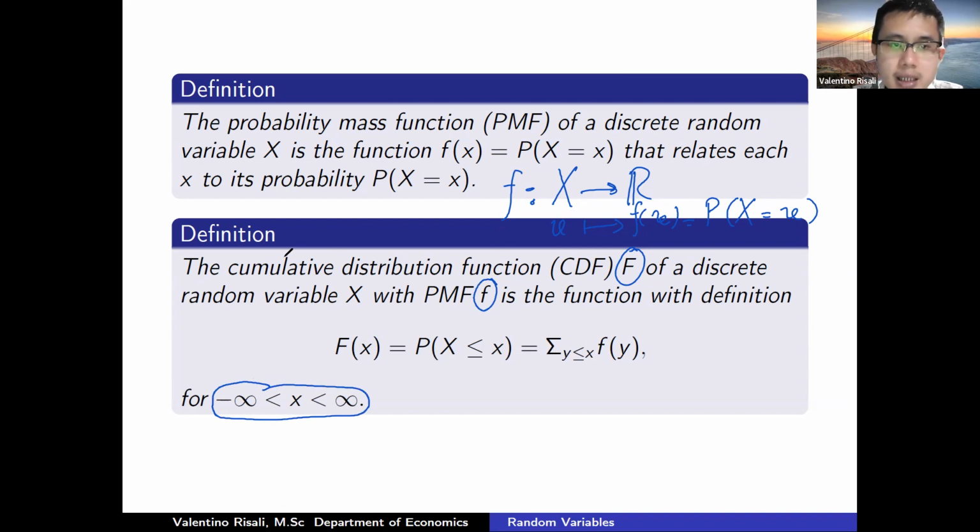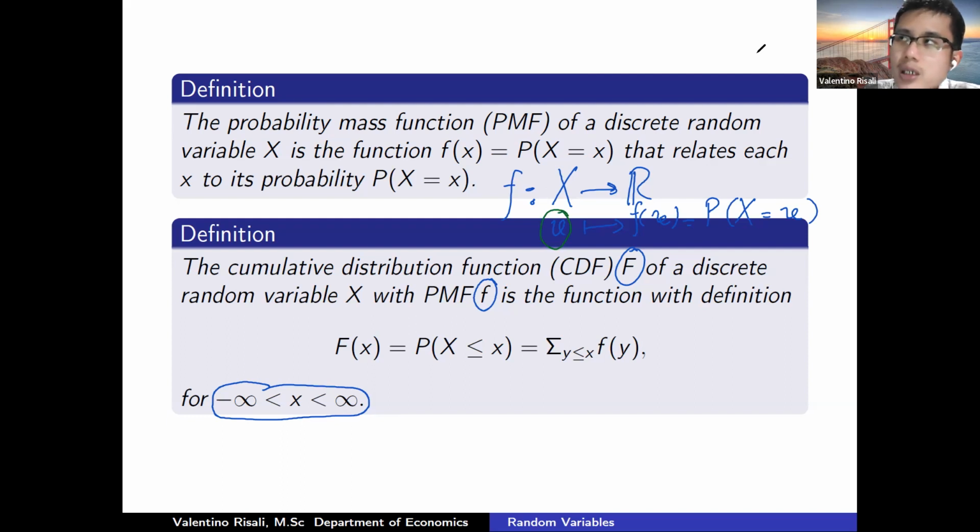The CDF is different from the PMF, because in CDF we must find all the F(x) for x in the real numbers, but in PMF we only need to find the value of f(x) for every x in the set of values. Okay. This is the definition of PMF and CDF.